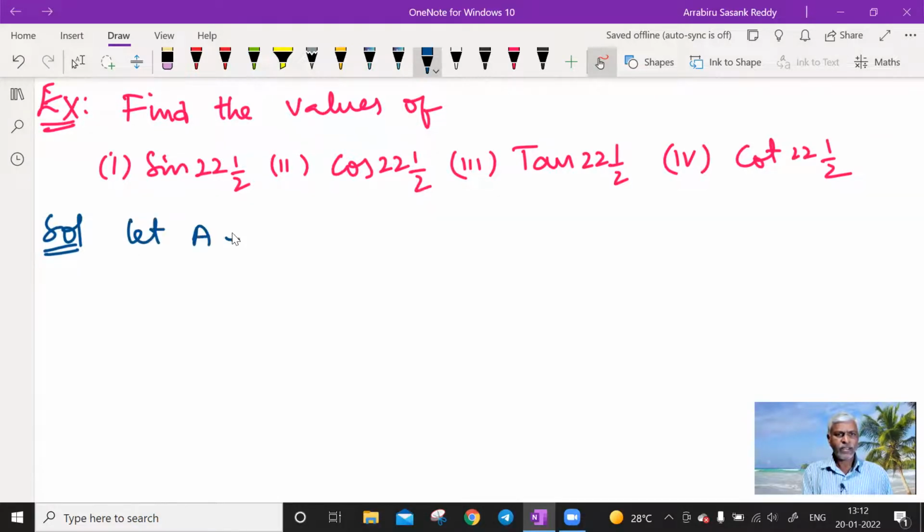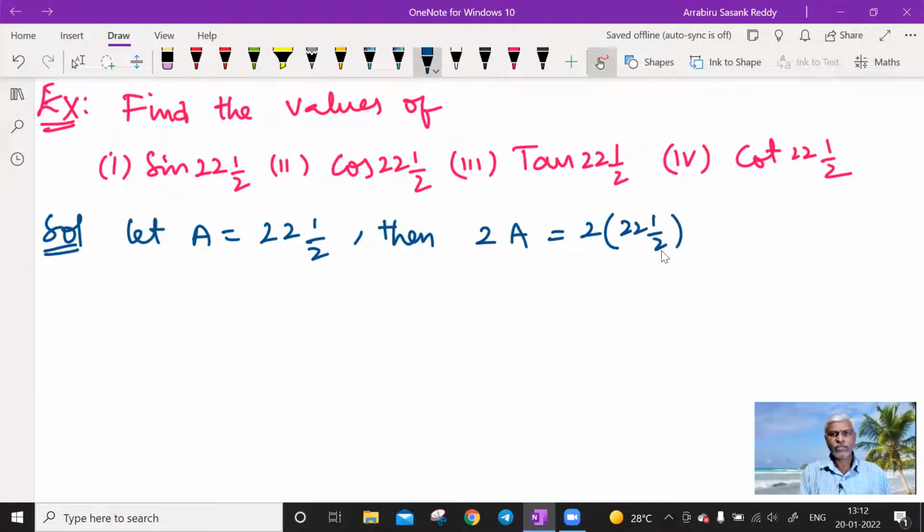Let a be 22½ degrees, then 2a becomes 2 into 22½, that is 45 degrees. If a is 22½, then 2a becomes 45 degrees.